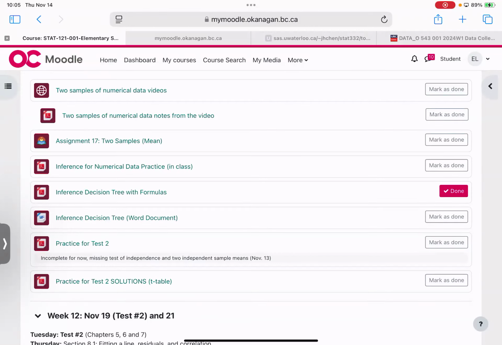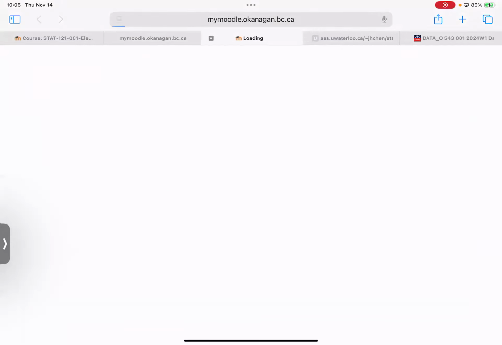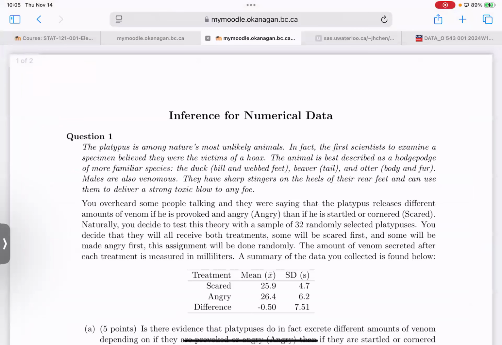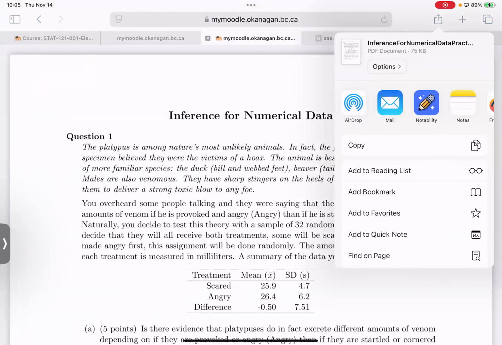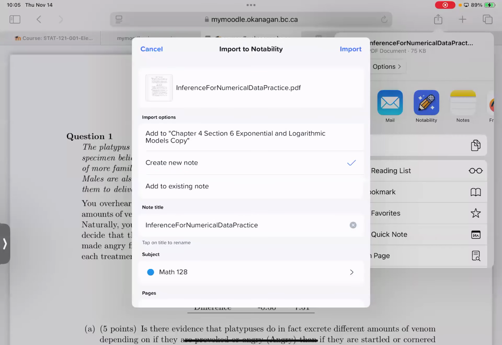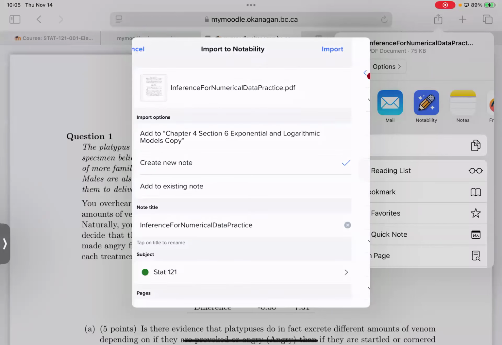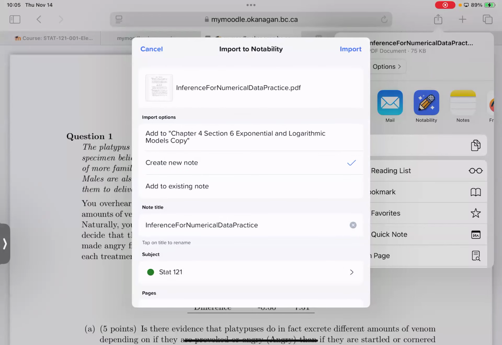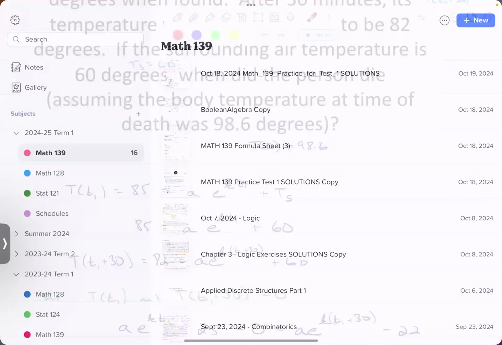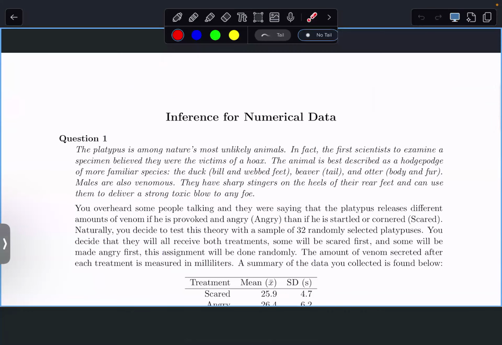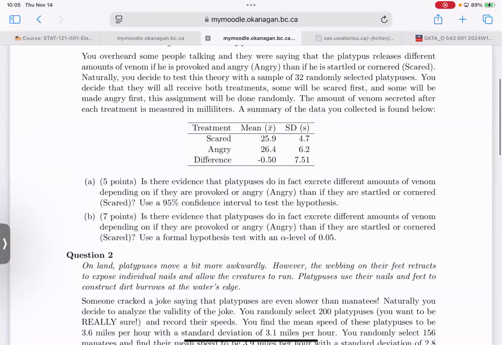And then this is the inference for numerical data practice that I am going to go through today, and I'm going to save it.